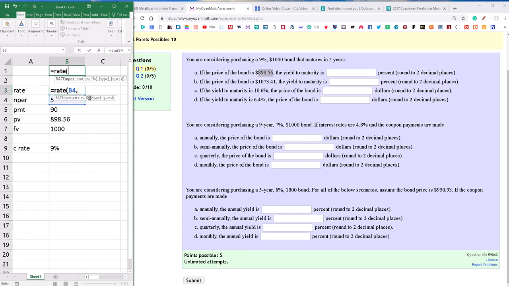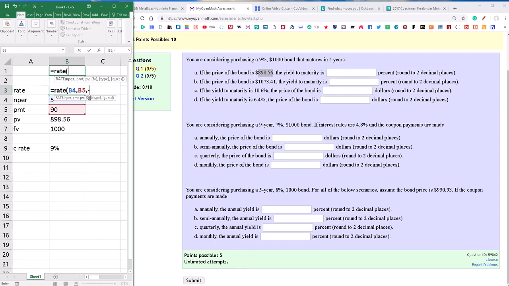And the payment, now I paid this price, which is a negative, to receive this payment each year and that face value at the end of 5 years. So that and this are positives if I'm paying out this price. So what that means is B5 is going to be positive. The payment's got to be positive.